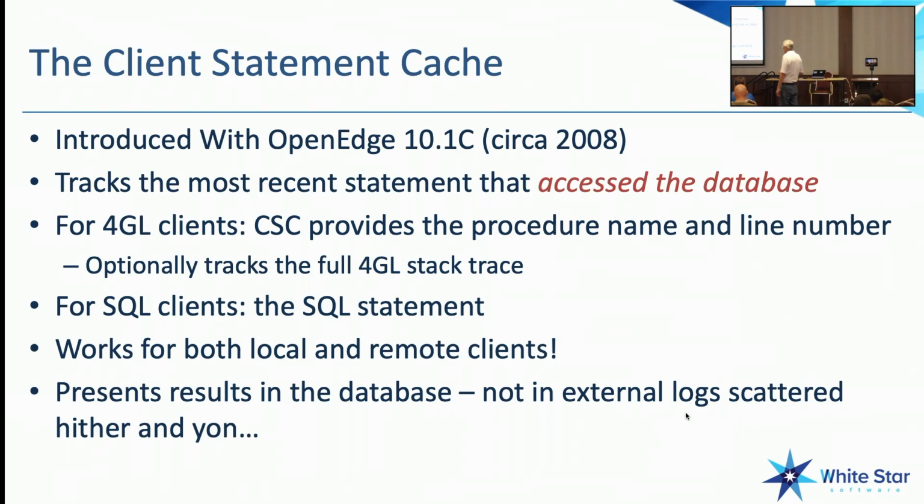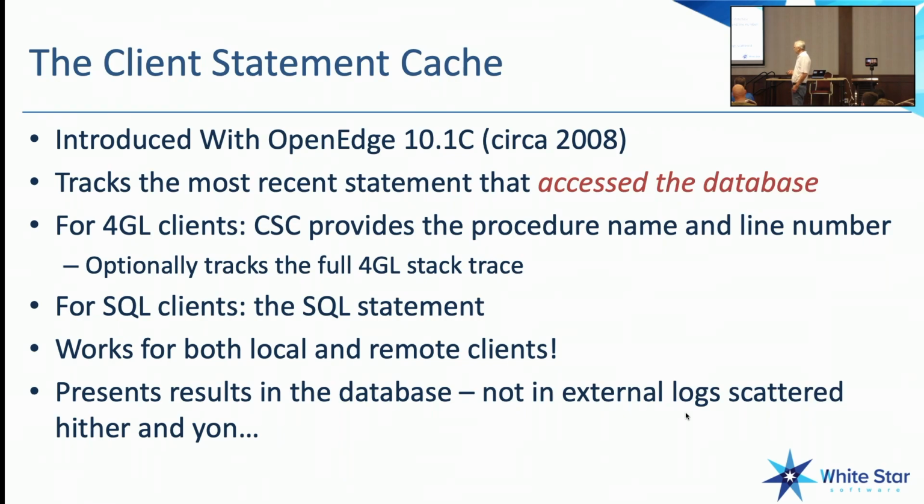For 4GL clients, you get the procedure name and the line number. It's the debug listing line number, so you have to have debug listings to get to the right line. It's not the source line number, but it's with all the preprocessor stuff expanded. For SQL clients, you get the SQL statement. So if somebody's got a select blah, blah, blah, usually goes on about this long, you get that whole thing.